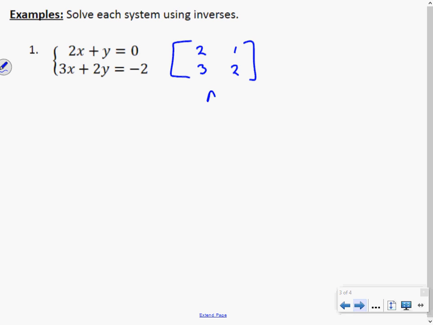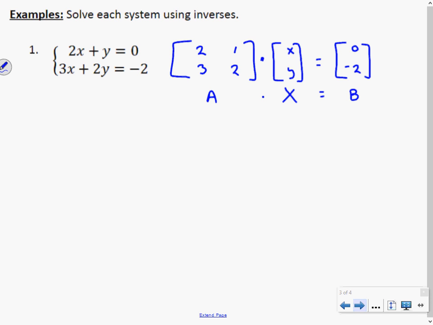We're going to call that matrix A. And that's multiplied by our variable matrix, matrix X, and that should be equal to the constants, which we're calling matrix B. So we know that we should be able to find X and Y if I multiply the inverse of A times matrix B. So let's find the inverse of A.